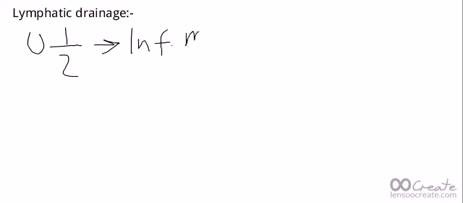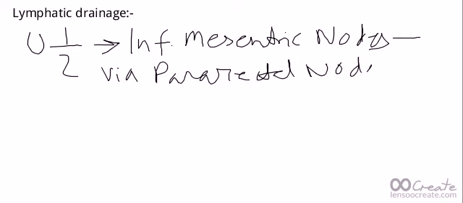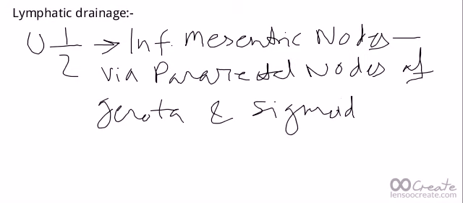Now let us talk about the lymphatic drainage. So the lymphatic drainage from the upper half of the rectum is into the inferior mesenteric nodes via pararectal nodes of Gerota and sigmoid nodes.